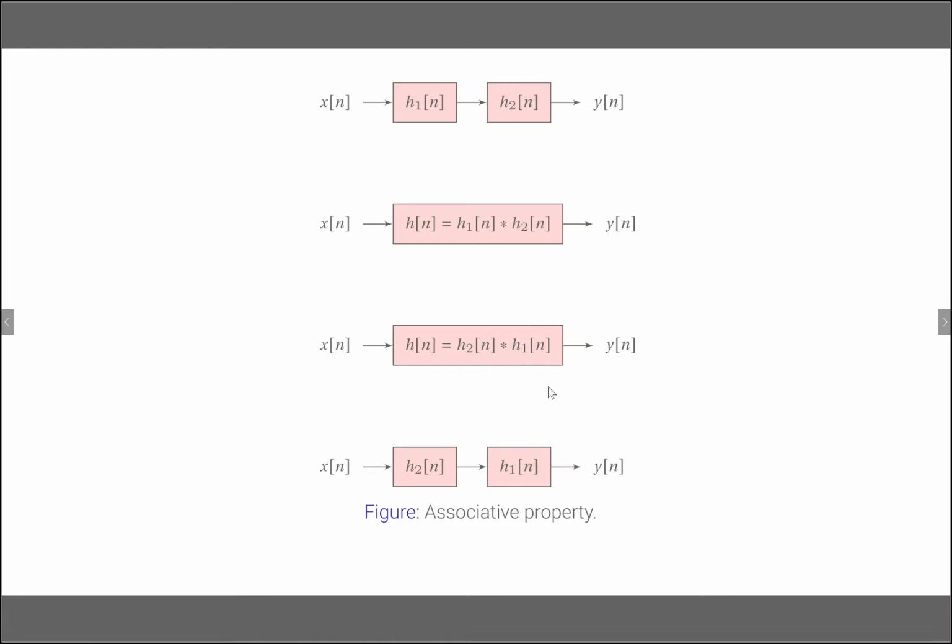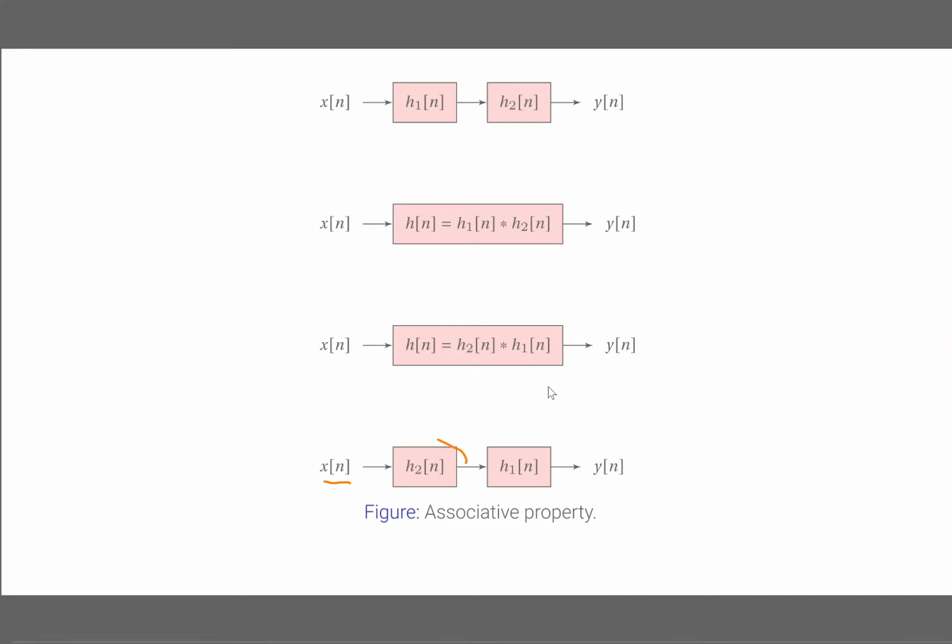What this means is we feed x[n] first to h2[n] in contrast to this one, and then feed the output to h1[n] to finally get y[n]. So therefore, it is possible for us to switch like that. The order in which the signal is applied to systems does not matter as far as the final output is concerned.